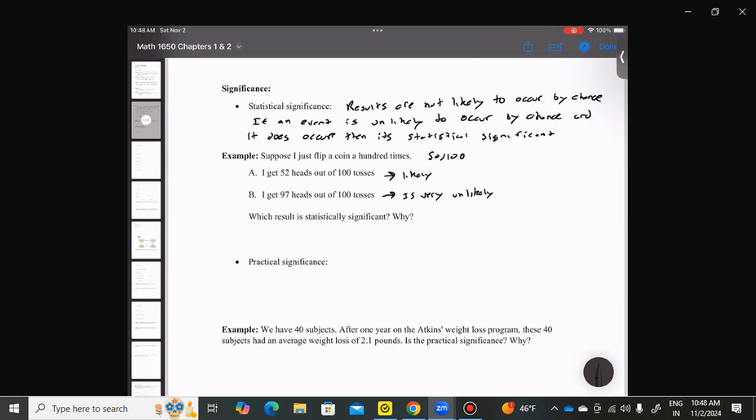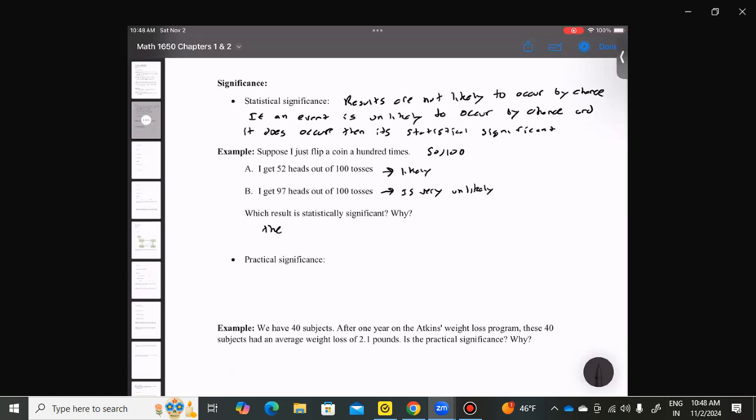And you don't expect to get that. That would mean that you would have to get a streak of a lot of heads in a row, and it's just not likely. And so if it does happen and you get 97 out of 100 tosses, then it's statistically significant.